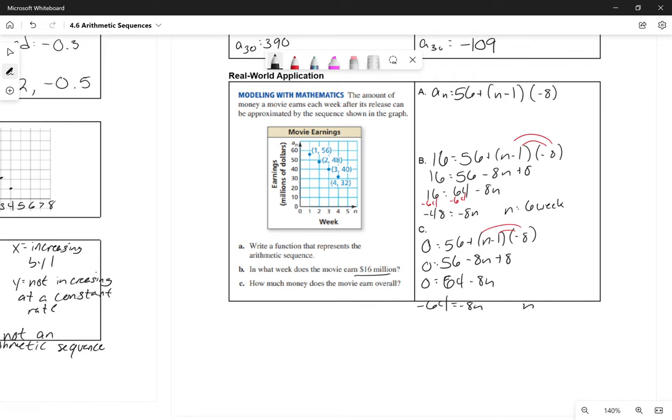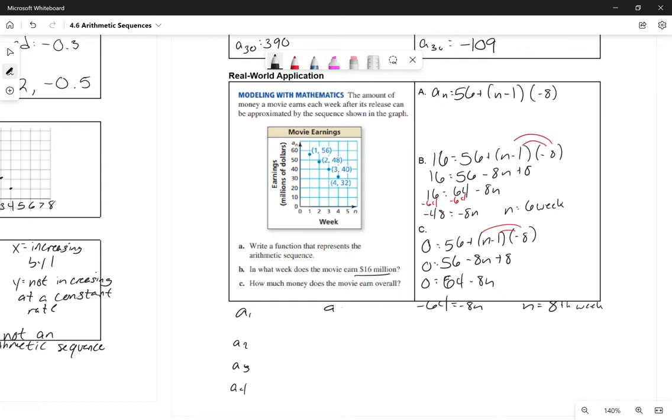And divide both sides by -8. And we can see that in the 8th week, the movie is going to earn $0. So that means we just have to figure out how much money this movie earns in 8 weeks.